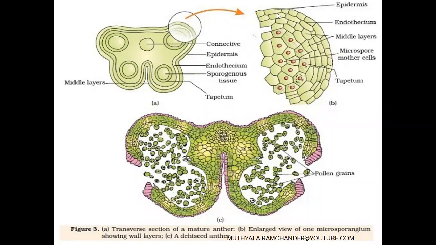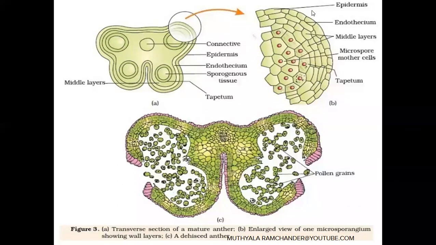It shows epidermis, meaning each microsporangium chamber is covered with epidermis. It is a single layer. It protects the inner parts and gives a perfect shape to the microsporangium chamber. It is made of rectangular parenchyma cells.